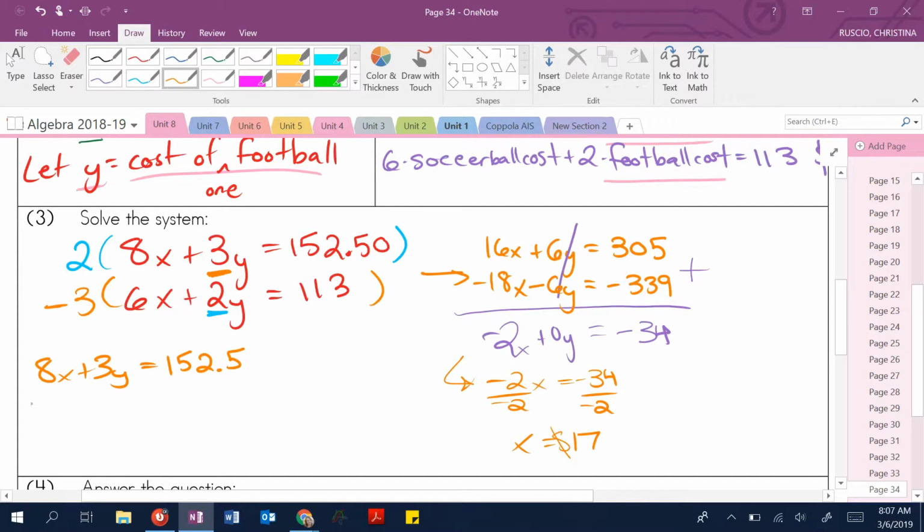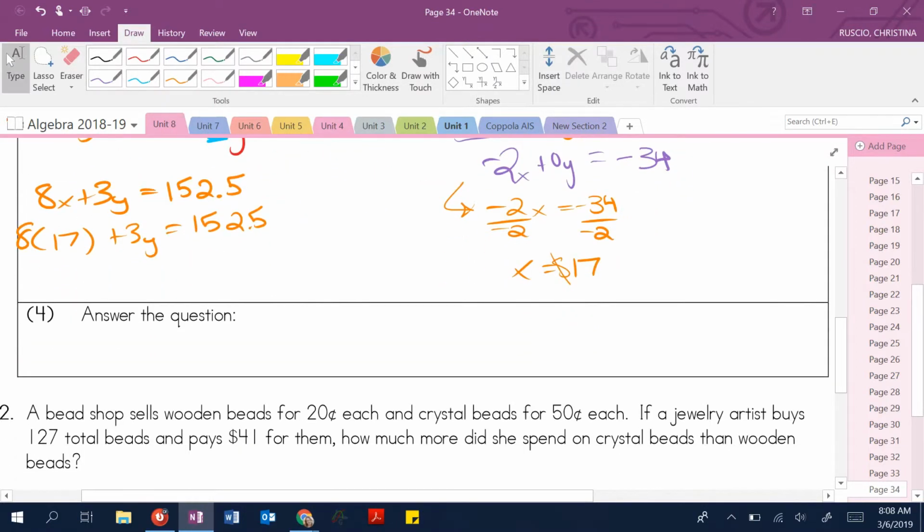Plugging in for x, we have 8 times 17 plus 3y is equal to 152.5. 8 times 17 is 136.